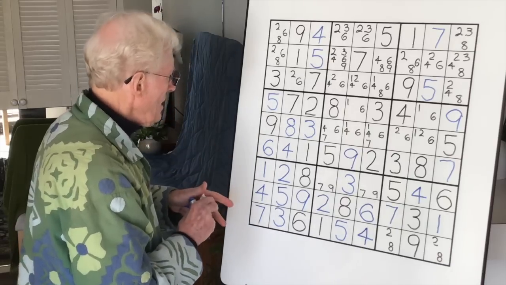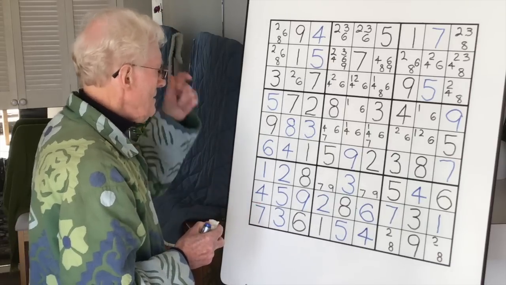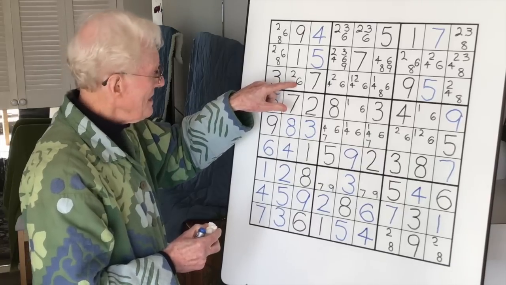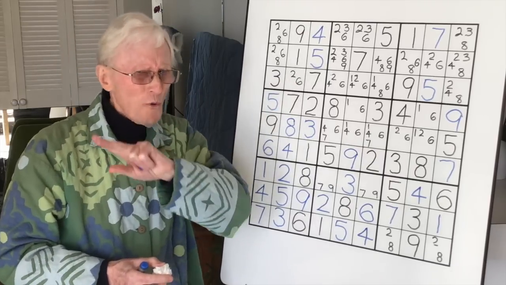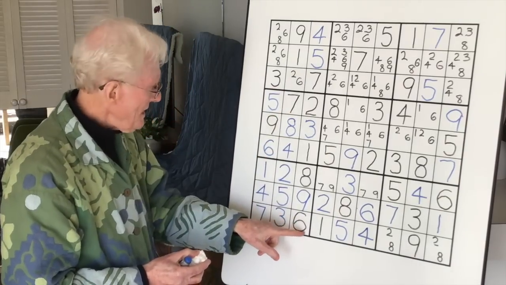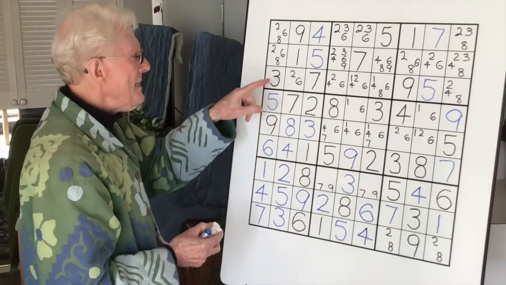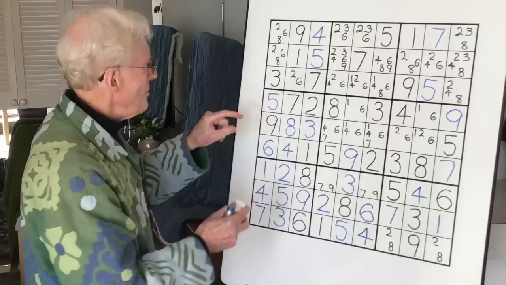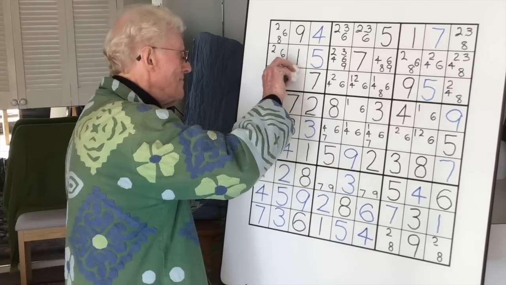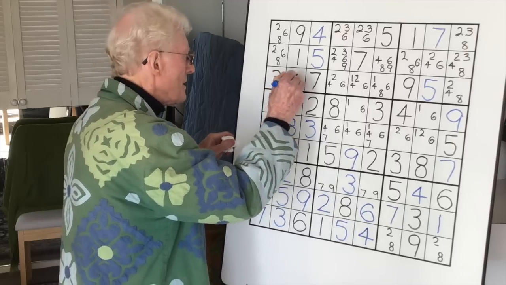Let me see now. We've got this. When I put this 2 in, that 2 can go to make that a 6. But there's another way. There's more than one path to prove that that's a 6. If this is the 6 on the right, this is a 6 on the left, there's a 6 in the center, and so two ways of showing that that's going to be a 6. Now, what does that mean?